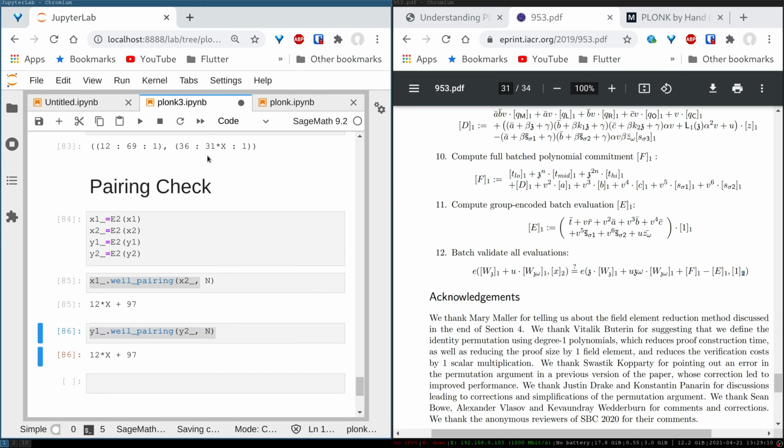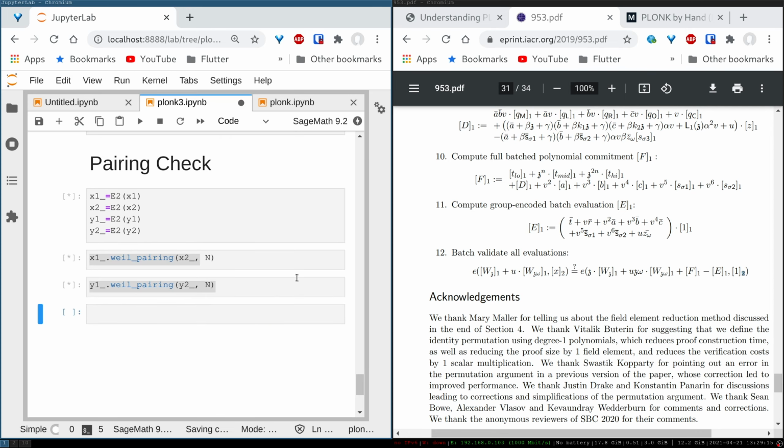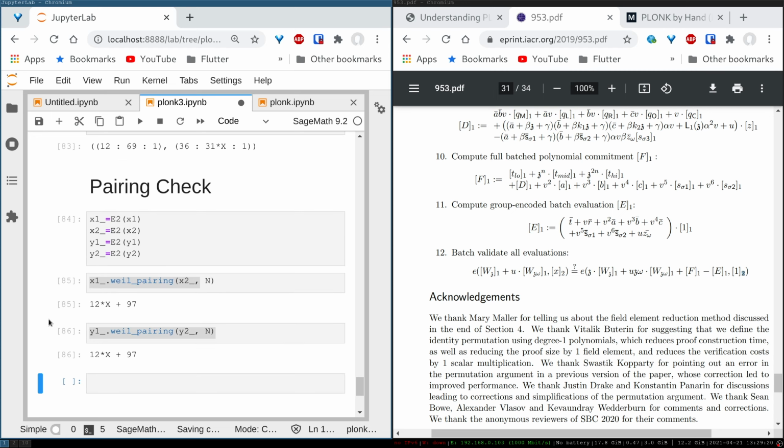So now we actually can run the whole thing. And so we have the same value. So verification passed.